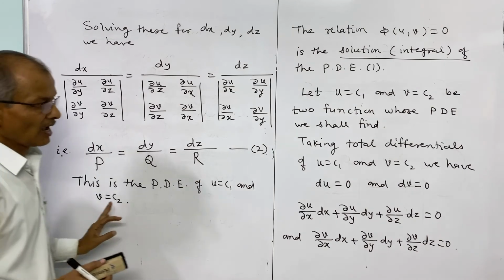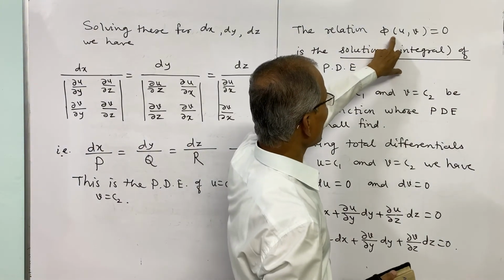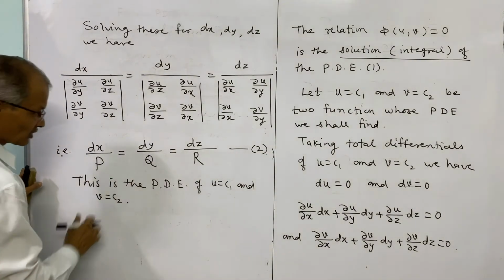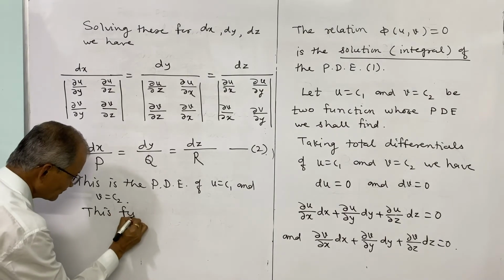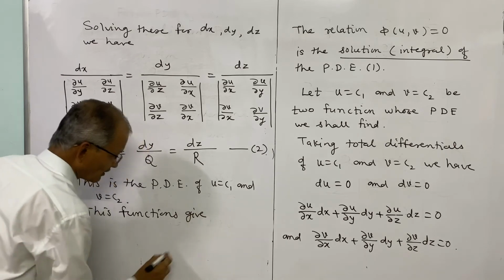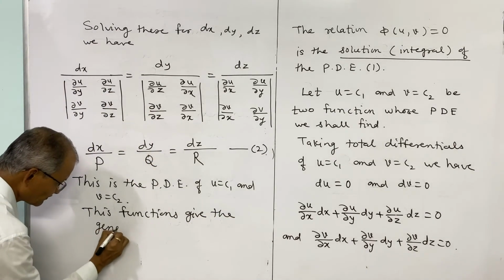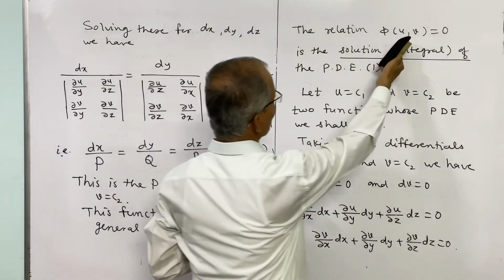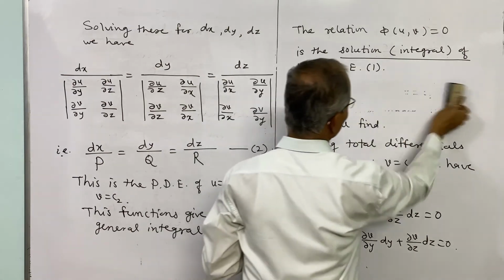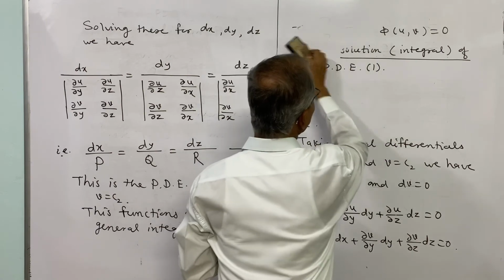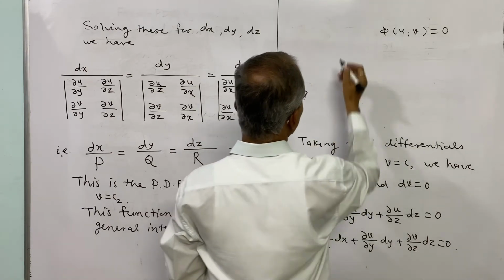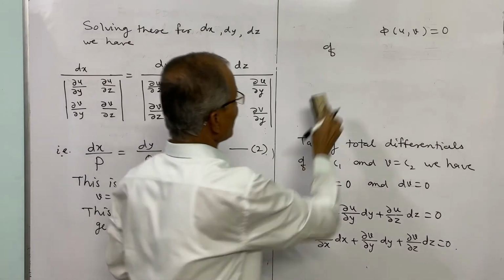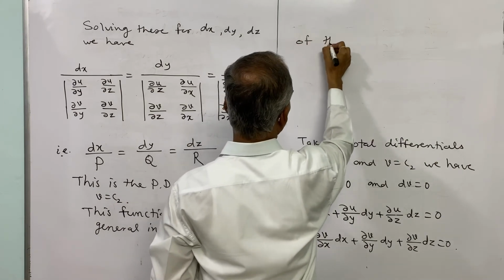That means we have obtained u and v, and now we know the relation phi of u, v = 0 is the solution of partial differential equation 1, and thus these functions give the general integral, phi of u and v, of PDE 1.